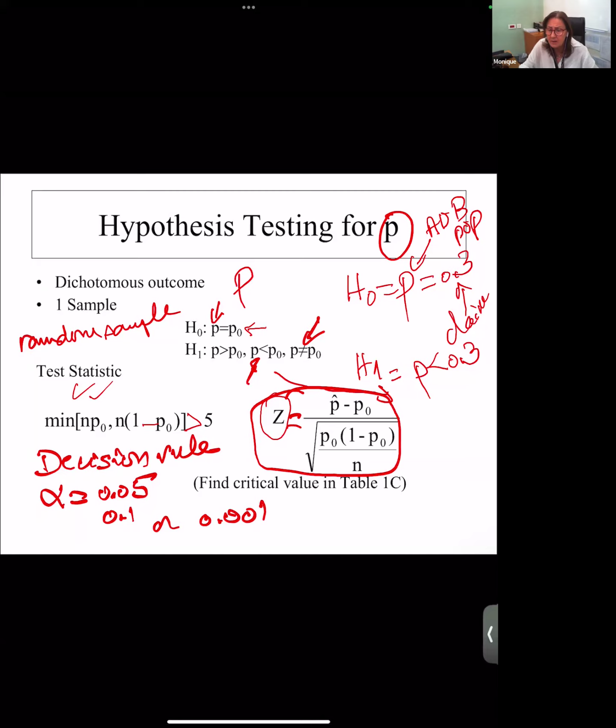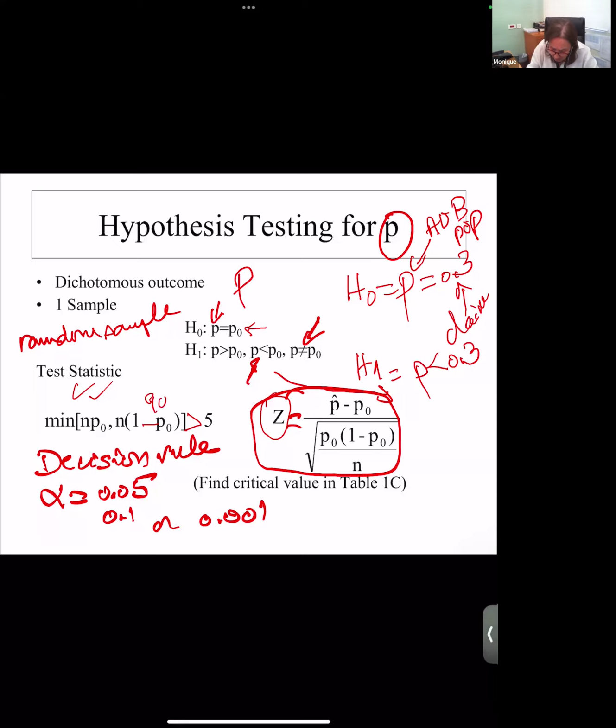Yes. Okay, so similarly, whenever we are using Z, we have to check conditions. If N is large, especially for a continuous variable, the sampling distribution of the mean would be normal. If N is less than 30, we have to check the population, assume normality, and then use the T. Whenever we have an outcome that's dichotomous, meaning yes or no, made of two outcomes, success and failure, we have to check NP and NQ.